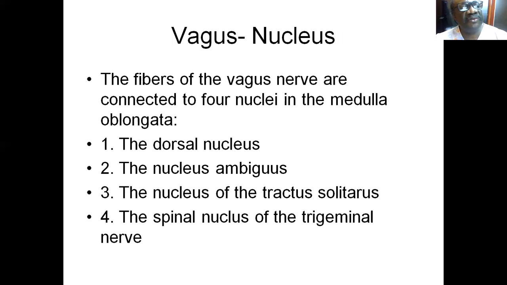The fibers of the vagus nerve are connected to 4 nuclei in the medulla oblongata. These 4 nuclei include the dorsal nucleus, the nucleus ambiguus, the nucleus of the tractus solitarius, and the spinal nucleus of the trigeminal nerve.